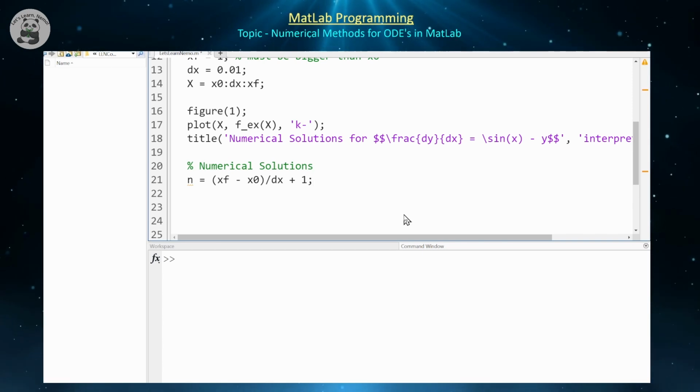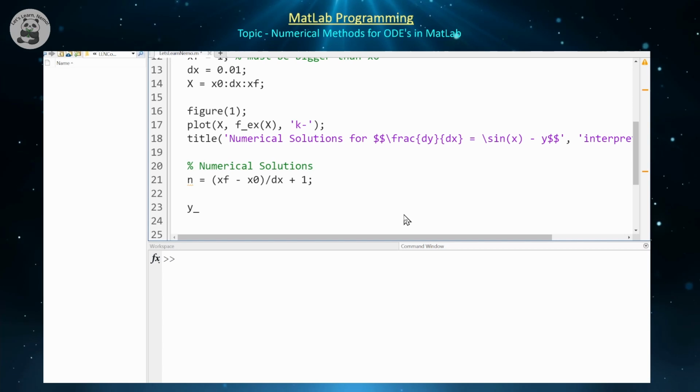So once I have that, I need to initialize my vectors where I'm going to save all values of my numerical solution. I'm going to do three methods: the Euler RK1, the Midpoint RK2, and the Classical RK4 methods, and then show whether one is better than the other and by how much.